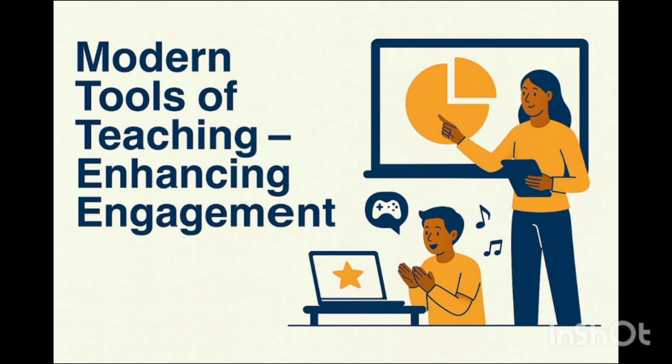And their functionality is creating visually appealing presentations, interactive videos, digital stories, accessing rich multimedia resources. The impact is that they empower teachers to create dynamic content and provide students with diverse learning materials.